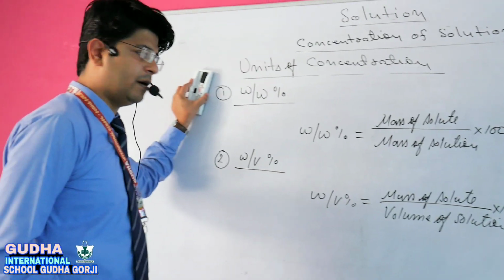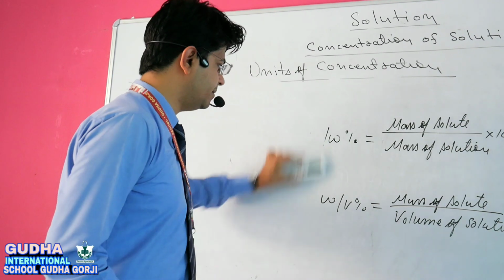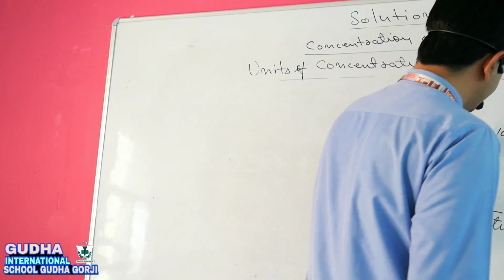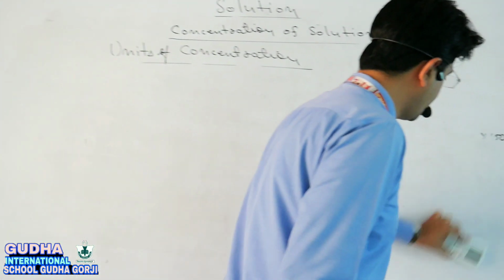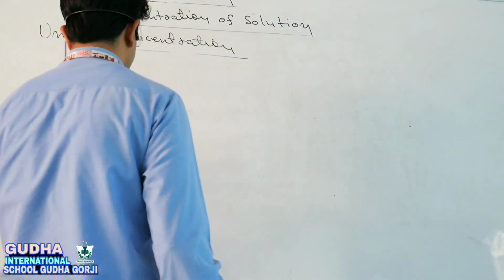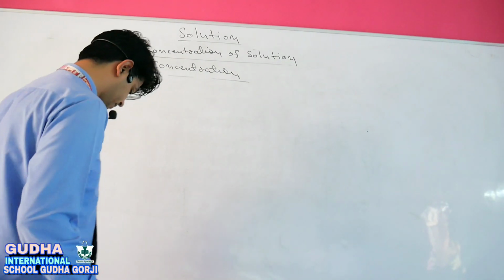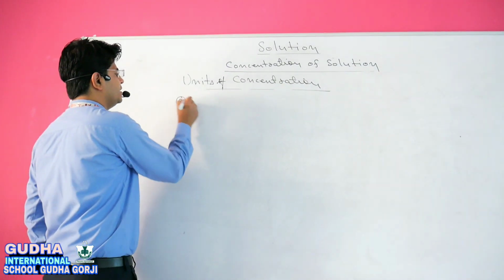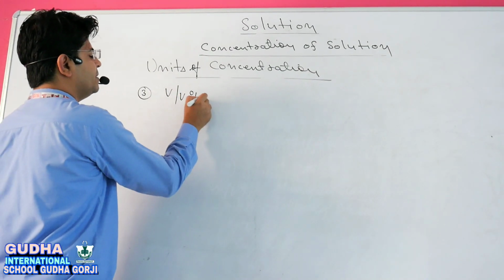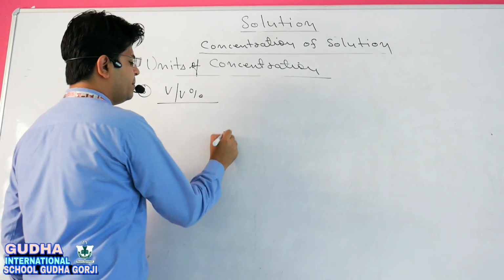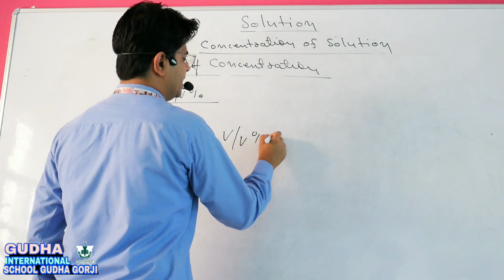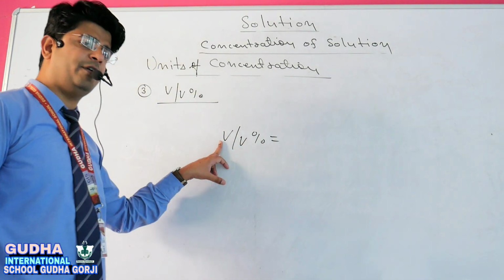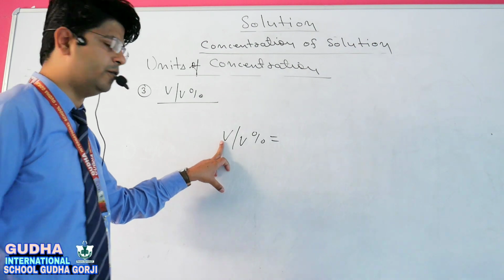Now we will study our third unit, that is V by V percent. The third unit is V by V percent. So in V by V percent, I have used V, which means volume.